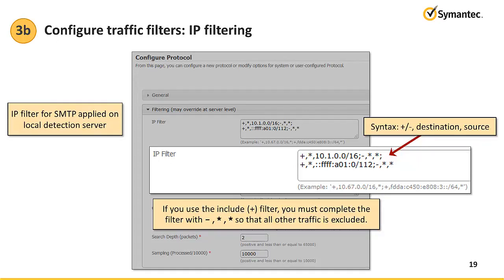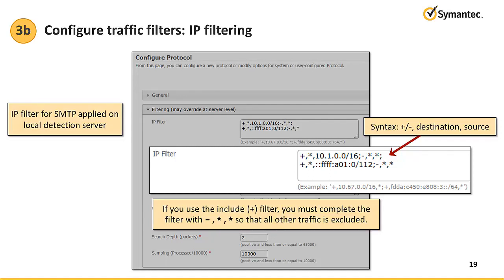For instance, the first rule listed in this diagram monitors all traffic originating in the 10.1.0.0/16 subnet going out to anywhere, where the asterisk wildcard means any, and then it excludes all other traffic. If you use the include filter, the plus, you must complete your filter with minus star star so that all other traffic is excluded.